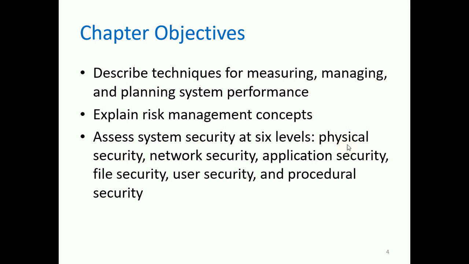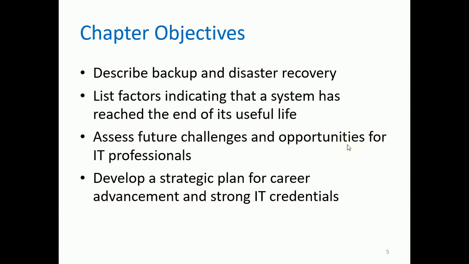Explain risk management concepts, and assess system security at six levels: physical security, network security, application security, file security, user security, and procedural security. Aside from that, we have to describe backup and disaster recovery, list factors indicating that a system has reached the end of its useful life, assess future challenges and opportunities for IT professionals, and develop a strategic plan for career advancement and strong IT credentials.